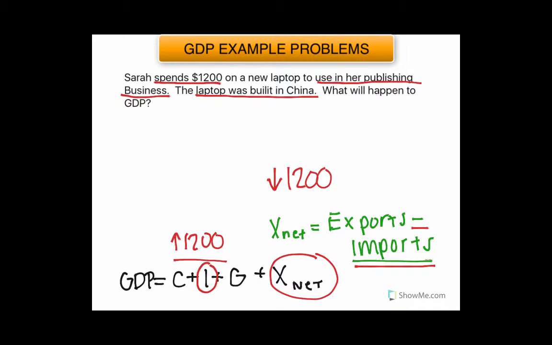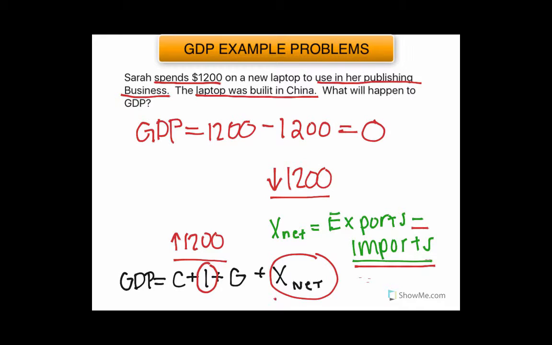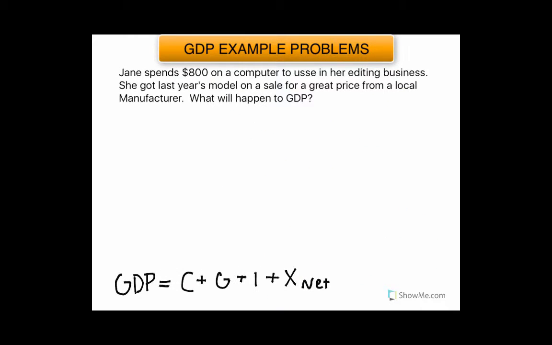And so if we have an increase in investment over here, but a decrease because it was imported into this country and therefore was part of China's GDP, then GDP has changed by adding 1,200 and then subtracting 1,200. So that's a change of $0, so it has remained constant. So the answer to this question would be that GDP remains constant.